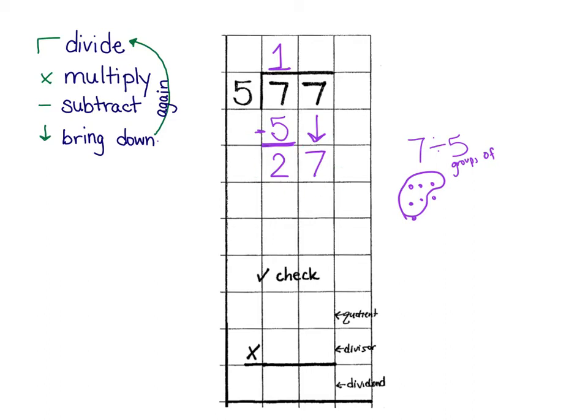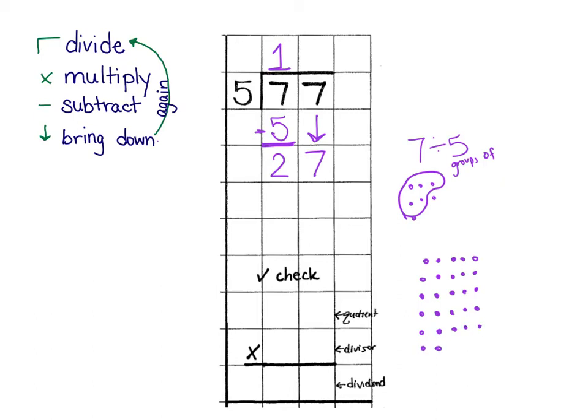So, you could either skip count by 5s, or you could draw 27 dots and circle groups of 5. I'm going to do both. All right, 1, 2, 3, 4, 5, 6, 7, 8, 9, 10, 11, 12, 13, 14, 15, 16, 17, 18, 19, 20, 21, 22, 23, 24, 25, 26, 27.